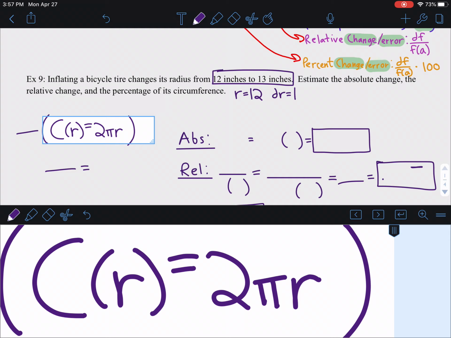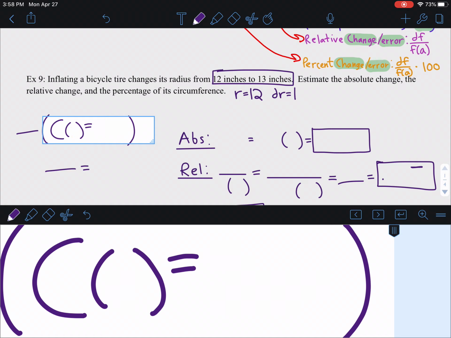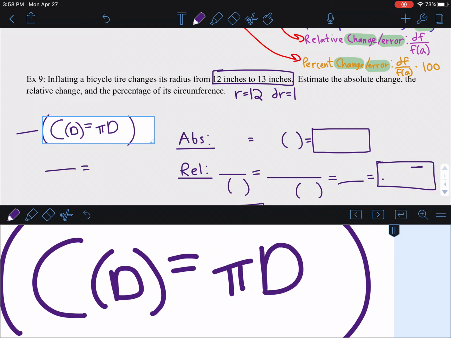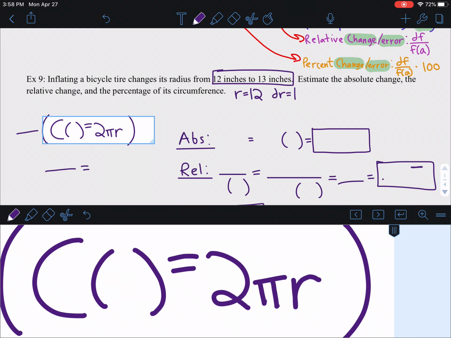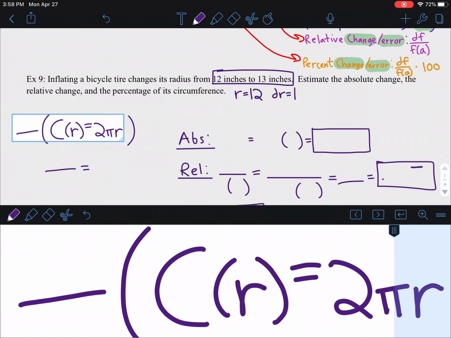If this question wanted us to do stuff with the diameter, we totally could, because you should remember that the diameter formula for the circumference is pi times the diameter, right? So the circumference as a function of d is pi d, right? But that's not what this question's asking for, right? So I'm going to put everything back in terms of r for my radius. Okay, so the circumference as a function of r is 2 pi r.